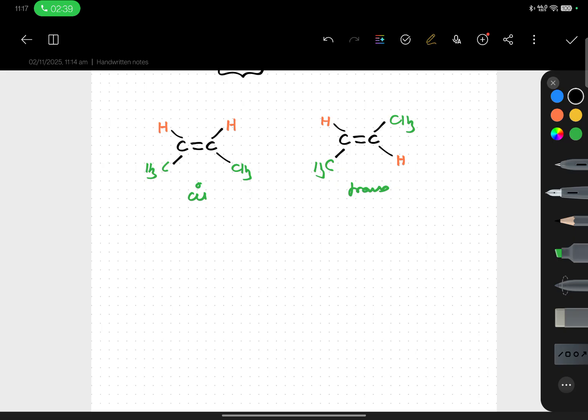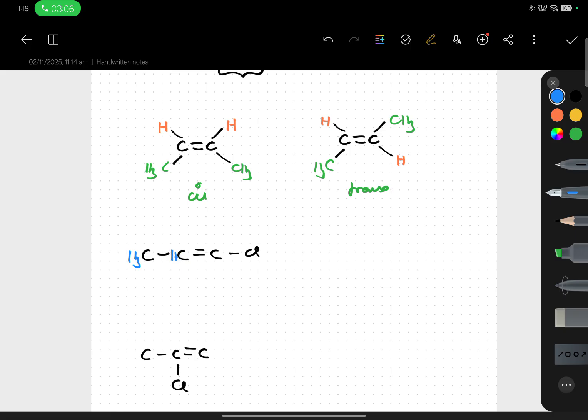So again we'll go for evaluate yourself. There are two types of chloropropene. One is 1-chloropropene, another one is 2-chloropropene. So the double bond can be here or it can be here. Write the remaining with the hydrogen.